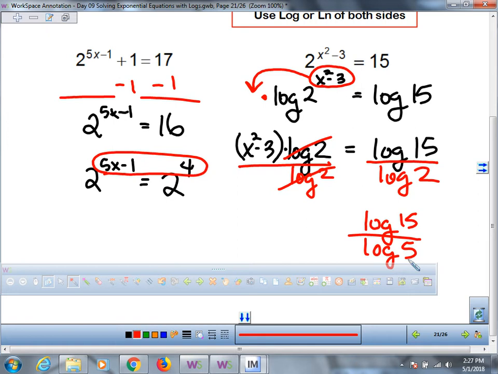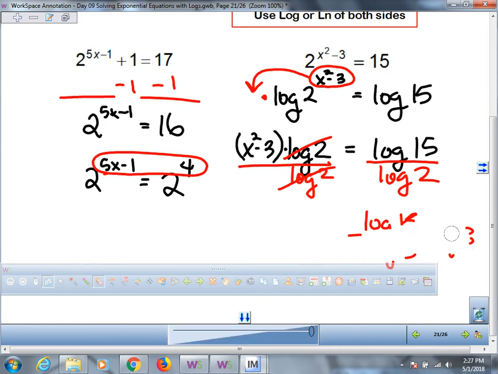They would divide 5 by 15, correct? That's not correct. This is an exponent divided by an exponent, so that would not cancel and give you log 3. That's going to be the most common error that you guys make.